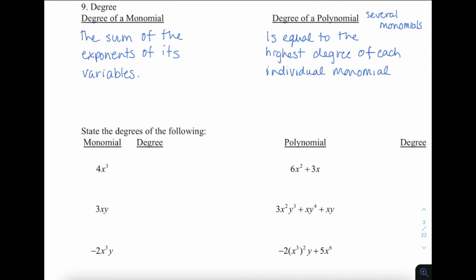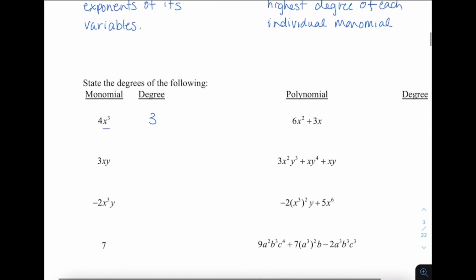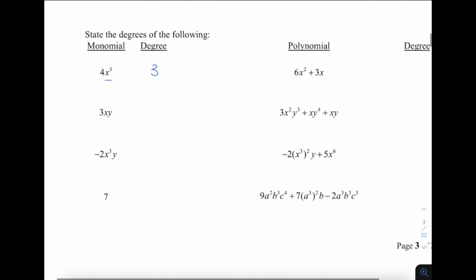So if I have the monomial 4x cubed, the degree is the sum of the exponents of its variables. So I see here my variable is x, my exponent is 3, so my degree here is 3. In my next monomial, I have 3xy, and we know that the exponent, when nothing is written there, is actually 1.